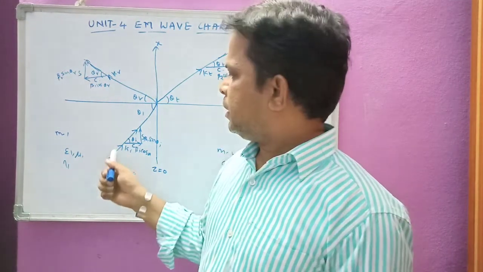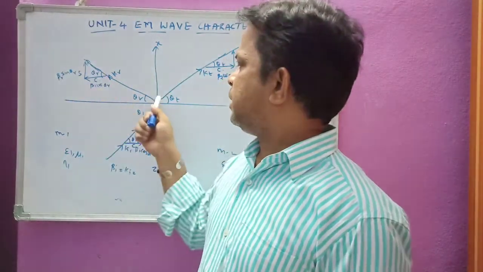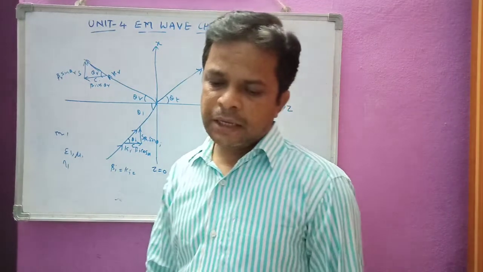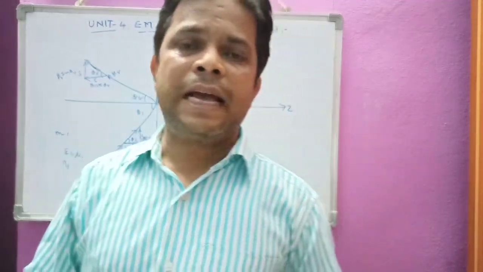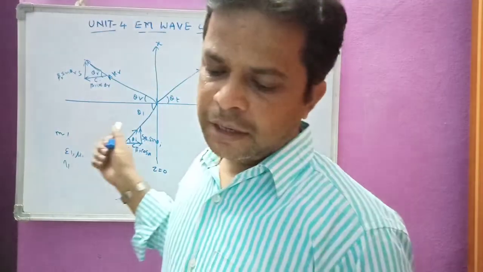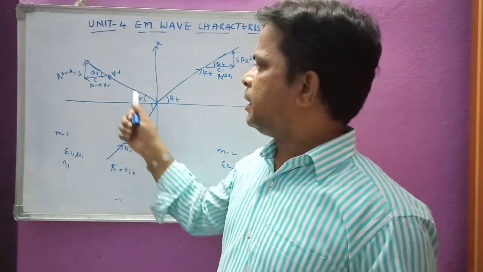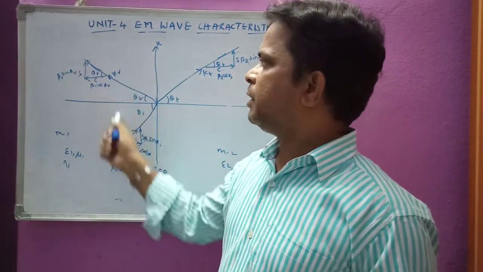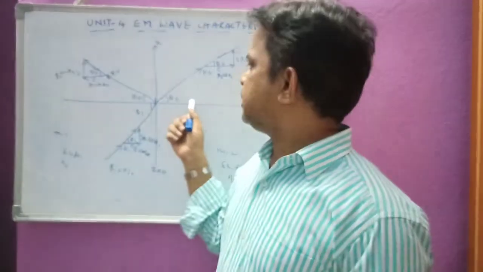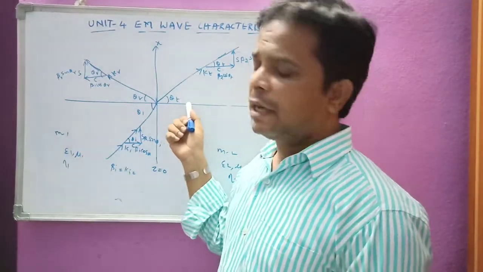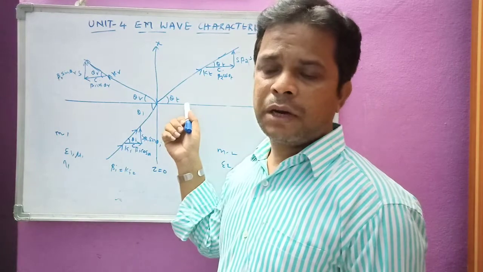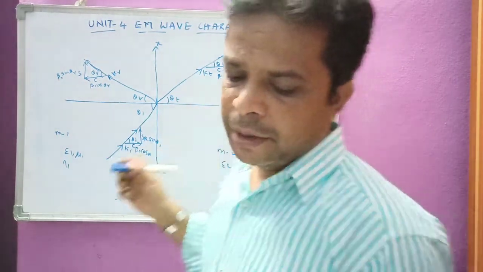This is called the incident wave, this is called the reflected wave, and this is the transmitted wave. So angle theta I is called the angle of incidence, and both the incident angle and the reflected angle are in medium 1, whereas theta t is the angle of the transmitted wave, or transmission, and it is in medium 2 here.